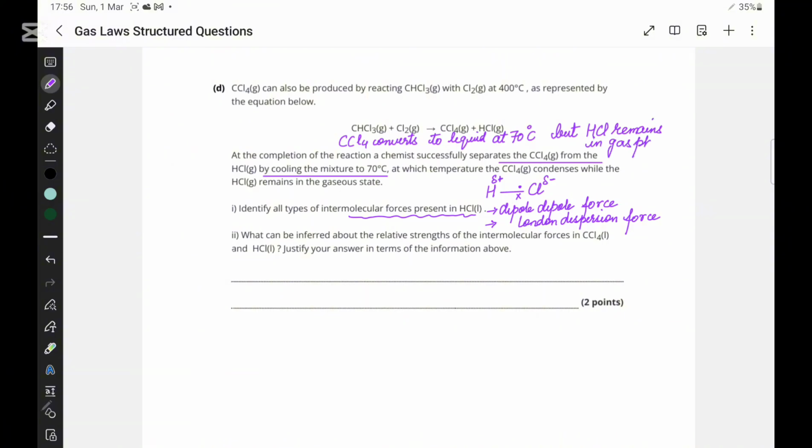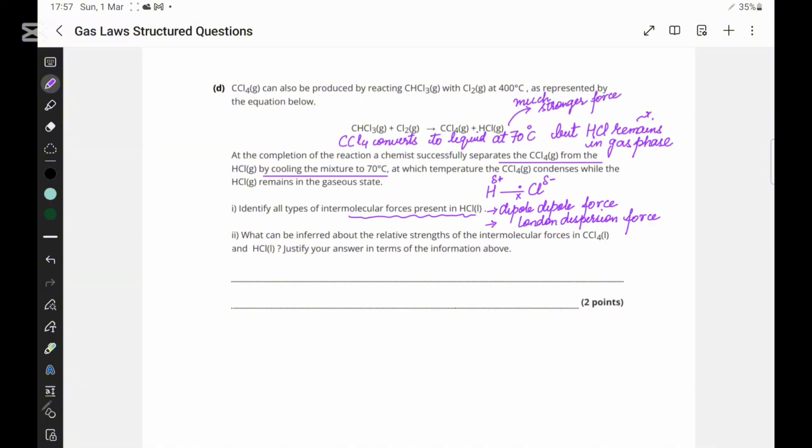What do we mean by that? That means in CCl4 the force of attraction is much stronger, so strong that it is going to be converted into liquid state even at 70 degrees Celsius, while HCl remains in gas phase.